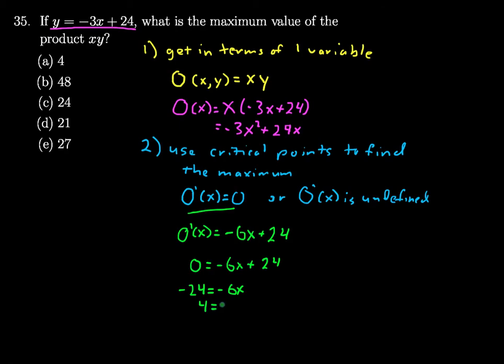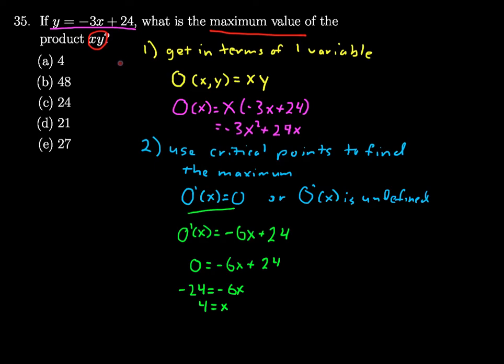Hey, not my answer yet. That's the x value that maximizes it. But we actually want the maximum value. That means I need to find what value this attains when x is 4.